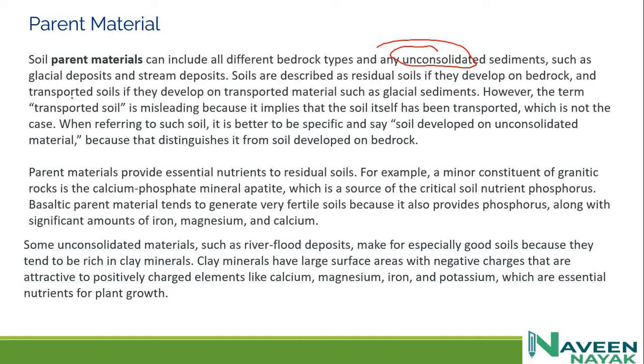However, the term transported soil is misleading because it implies that the soil itself has been transported. Transported soil is, for example, alluvial soil. When referring to such soil, it is better to be specific and say soil development on unconsolidated materials, because that distinguishes it from soil development on bedrock.